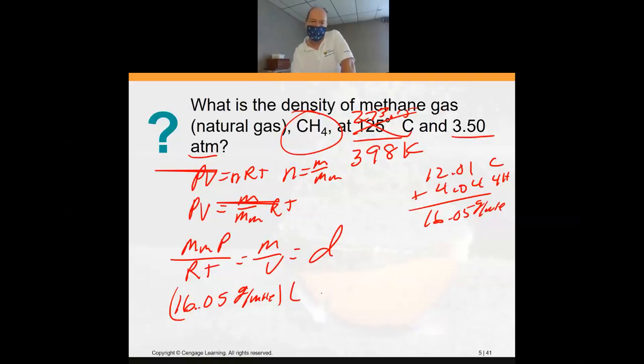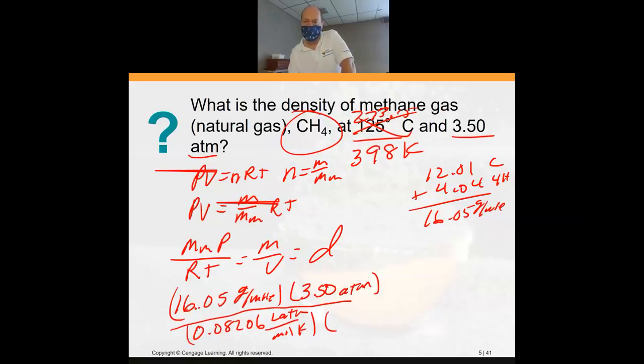It is 3.50 atmospheres. Your R value will be given. You write it down, 0.08206 liter atmosphere per mole Kelvin. Your temperature is in Celsius. You must convert that into Kelvin. And that is 398 Kelvin.